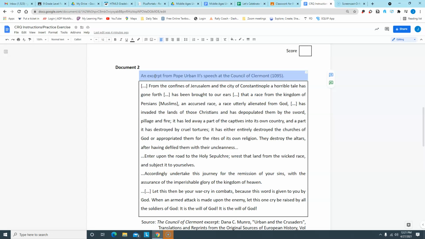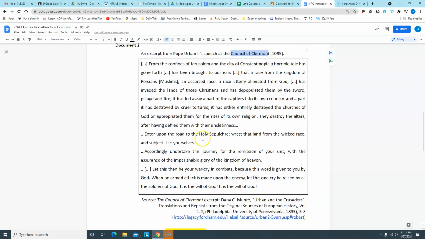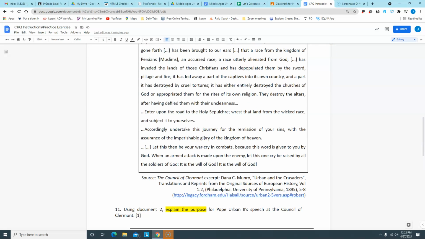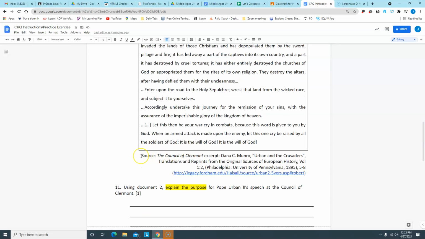In this case, it's a portion of a letter from Pope Urban II, his speech at the Council of Clermont. Again, I don't want to get into the details quite yet. We're continuing with our pre-reading exercises. What is the source? The source is the Council of Clermont. It's an excerpt called Urban and the Crusaders.